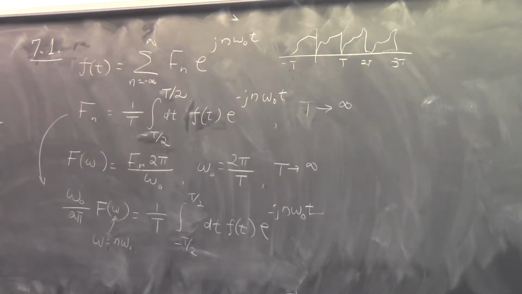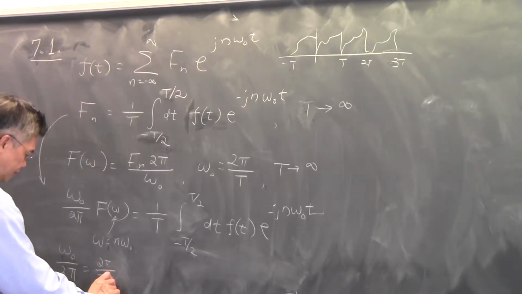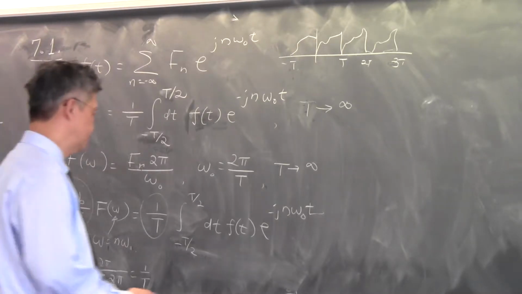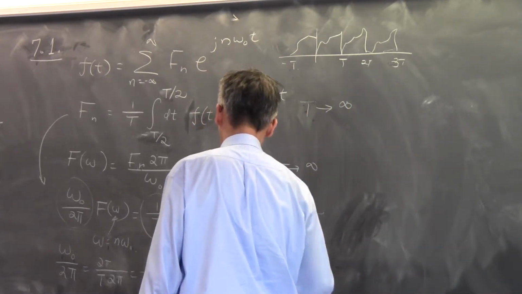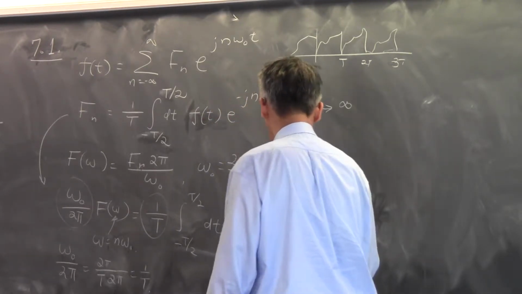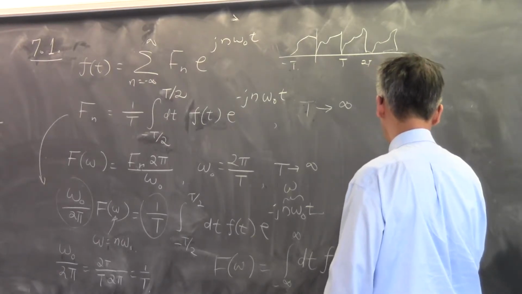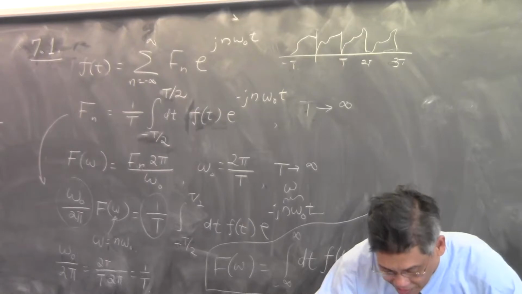So if you do this change of variables and let T go to infinity, what you find is that omega naught over 2 pi is 2 pi over T divided by 2 pi, so it's 1 over T. So this essentially cancels with this, because omega naught over 2 pi is just equal to 1 over T. And then in the limit when T goes to infinity, you have this new relationship that F of omega is equal to the integral from minus infinity to infinity dt f(t), and let me call this omega now, e to the minus j omega t.